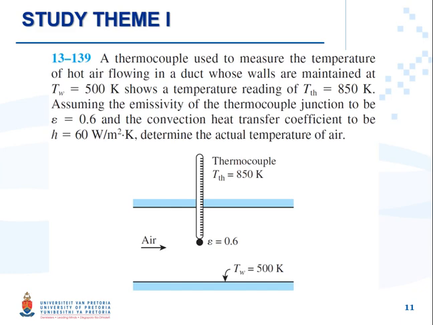Why? Because of the temperature difference between the sensor and the surrounding surfaces. When the heat transfer by convection and radiation balances each other, the sensor indicates a temperature that falls between the fluid and surface temperatures. Let's balance it and see how it works.